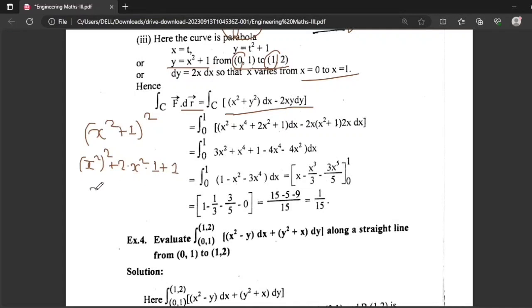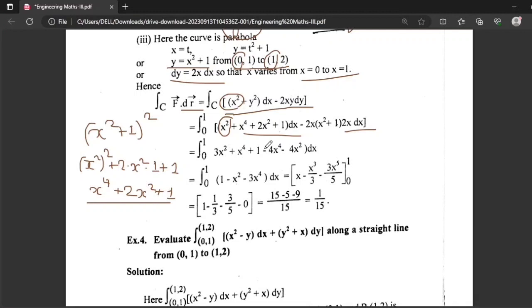So it is x power 4 plus 2x square plus 1, and y square is x power 4 plus 2x square plus 1, minus 2xy, where y is x square plus 1, and dy is 2x dx.